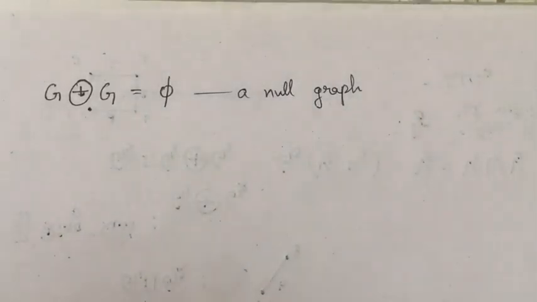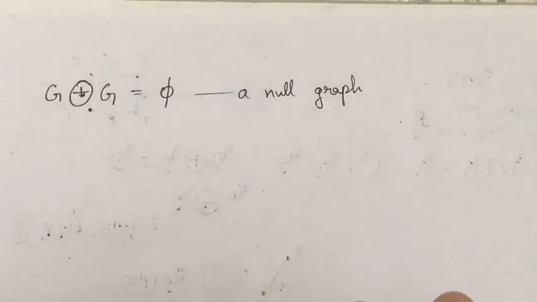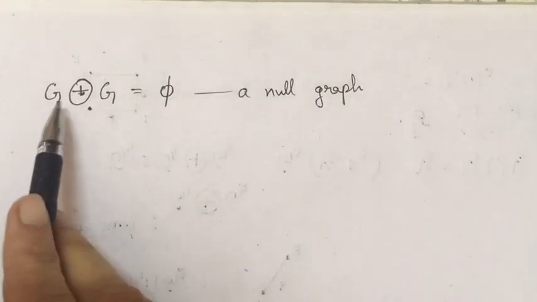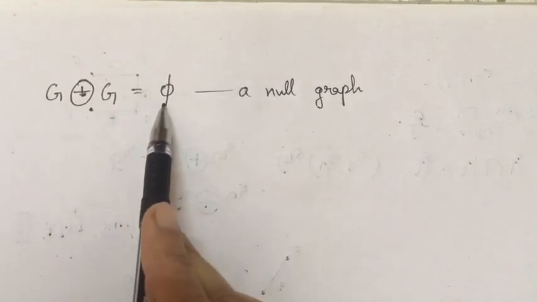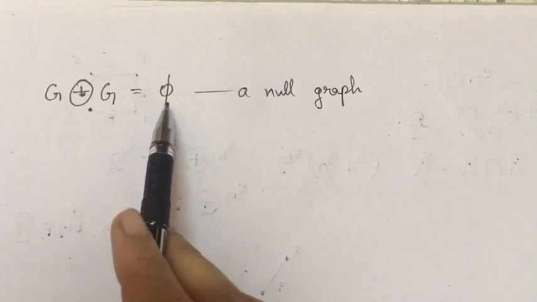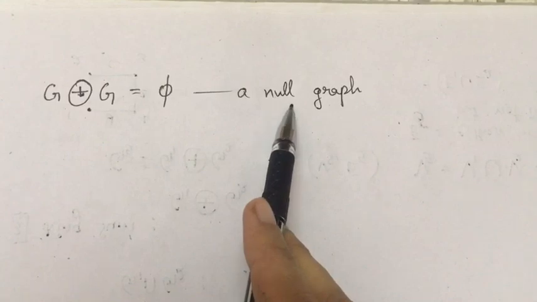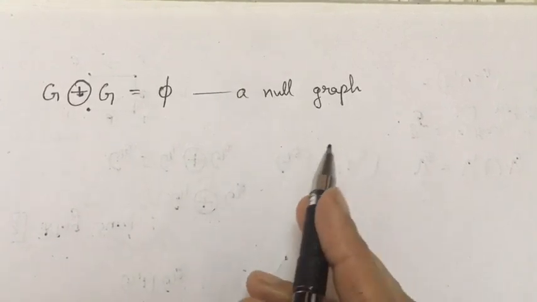Ringsum is, I'm taking the union of vertices and I'm taking those edges which are either in G1 or in G2 but not in both. But when I take ringsum with itself, I should not consider any edges. So I should consider only vertices. Only isolated vertices are there. Such a graph is called a null graph. We have already studied it.